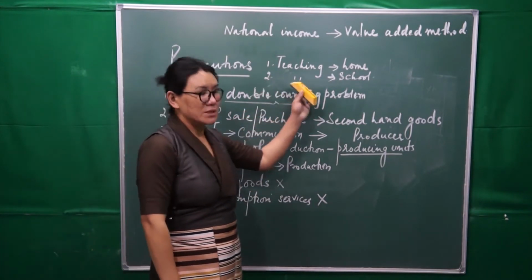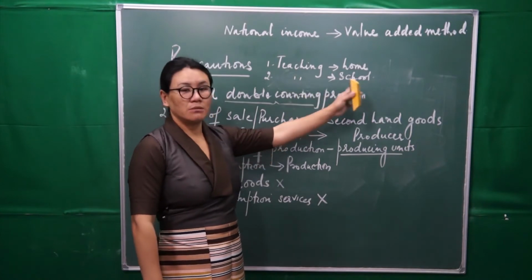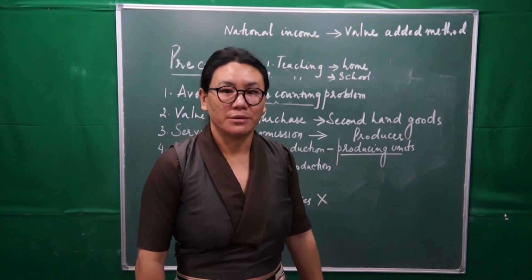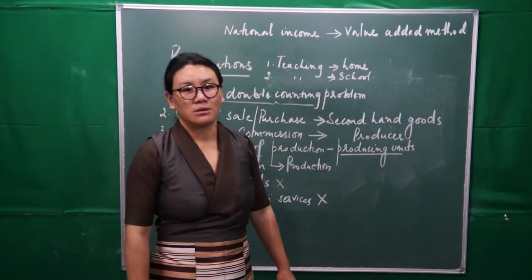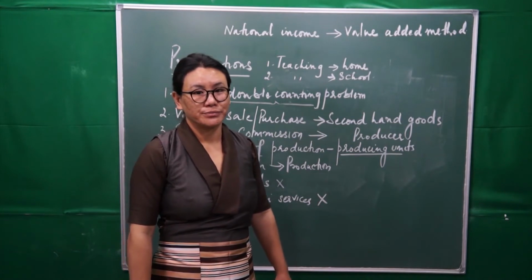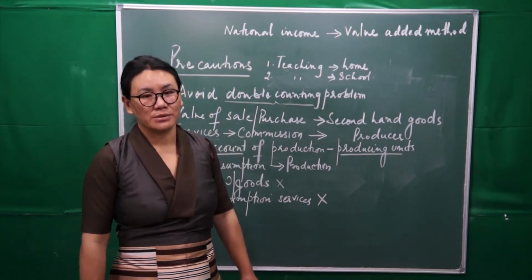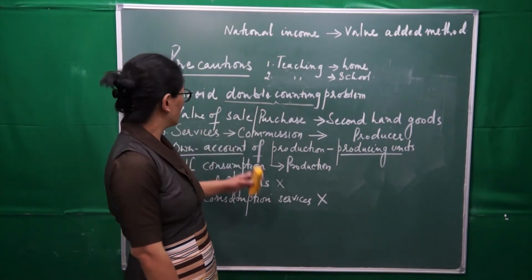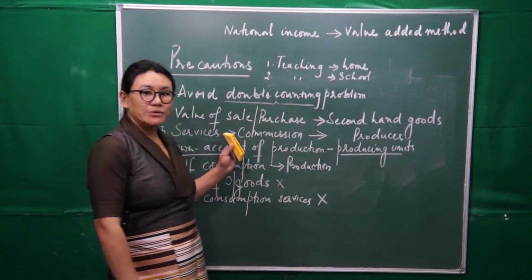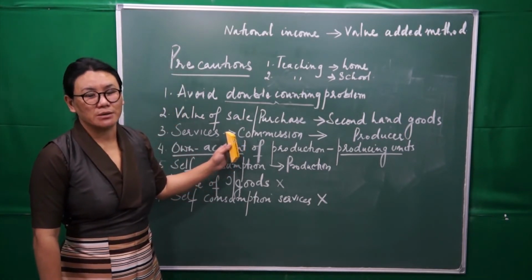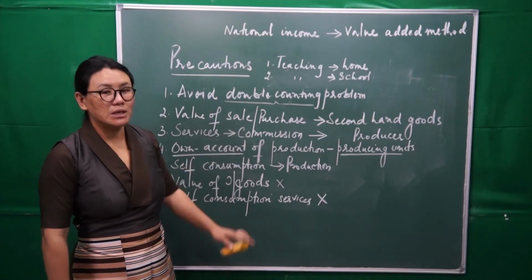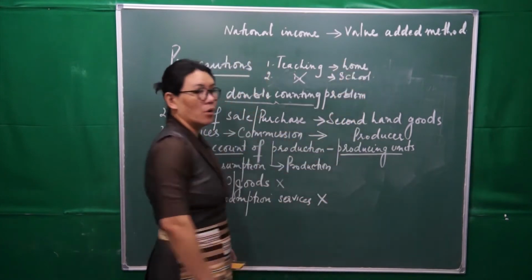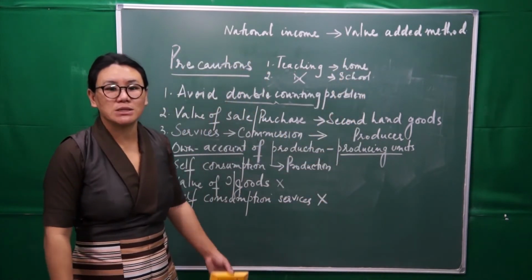See the second one, what it says. I'm teaching in school. I'm paid here, right? I have the market value. Teaching is a service which I'm rendering, and for that I get paid. I said before that if we are earning something by rendering services, then it will be included. Now how about teaching at home, teaching my son?